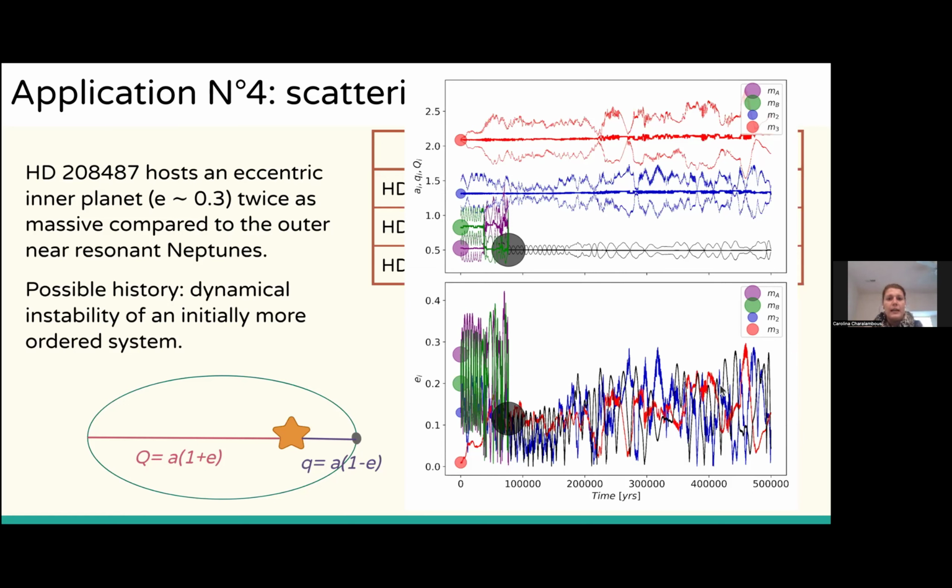And so once again, I wanted to show you this because there are many different applications that allow us to understand what's happening in planetary systems that come from understanding the dynamical perspective.